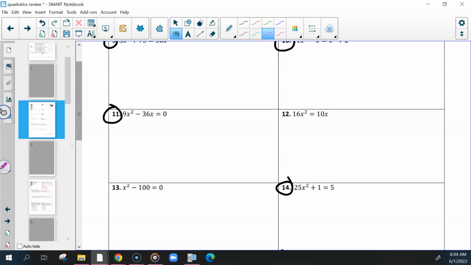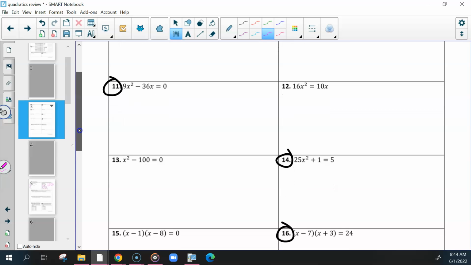So for number 12 on the page before that, we would need to move everything to the same side. So we're going to subtract 10x. So 16x squared minus 10x equals 0. How could we factor this? GCF, which is what? 2x. So if we take out 2x, what's left? 8x minus 5.